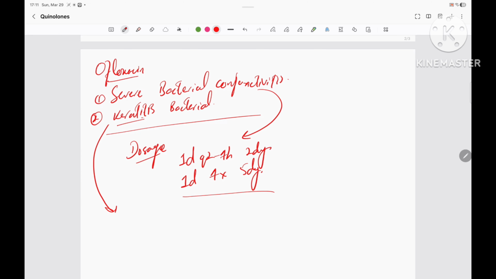What is the dosing for keratitis caused by bacteria? Same as ciprofloxacin: 1 drop every 5 minutes for the first hour, then 1 drop every hour, and if symptoms improve, then you can reduce the frequency of dosing.